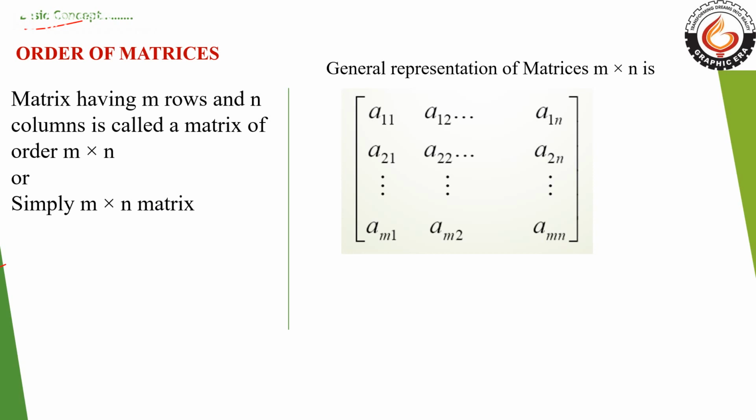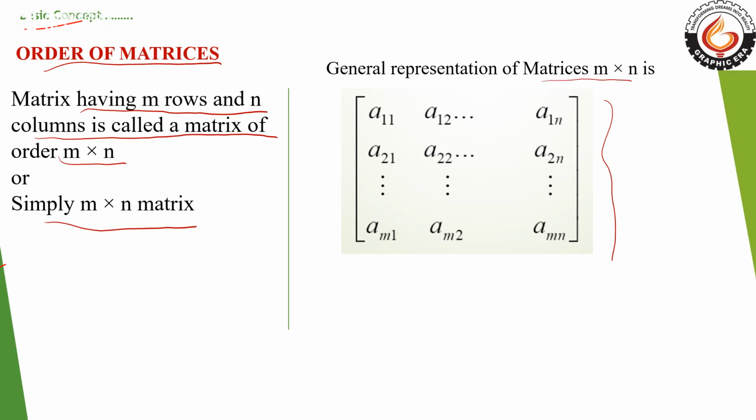Now the order of the matrices. A matrix having m rows and n columns is called a matrix of order m cross n, or sometimes we simply say m cross n matrix. So here is a general representation of an m cross n matrix. Here we have m rows and n columns, so the order of that matrix is m cross n.